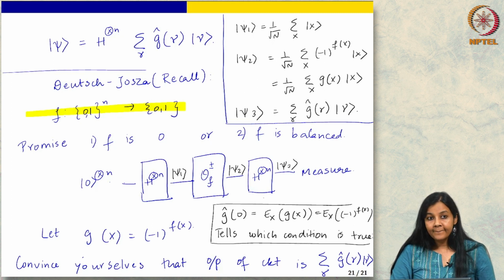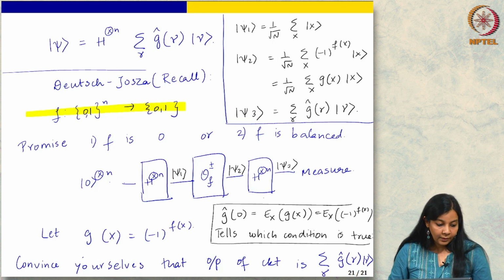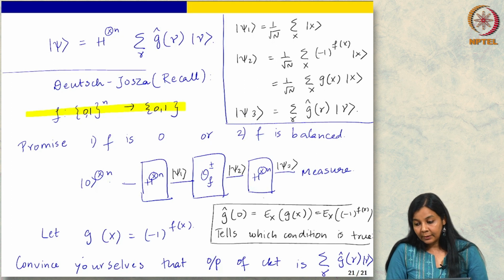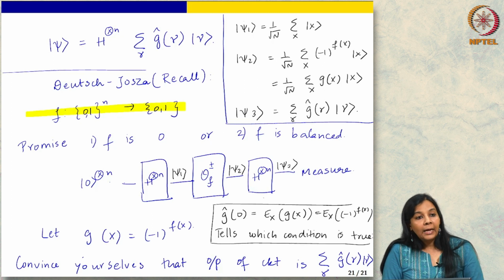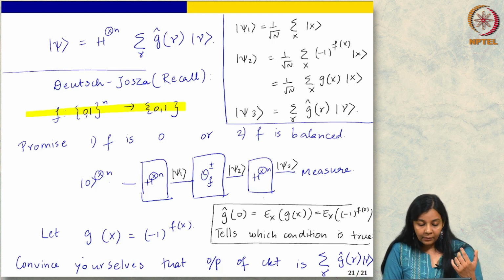All right, so good. This was the Fourier transform over Z2. Now what we'll do is also see another very important algorithm called Grover's algorithm.